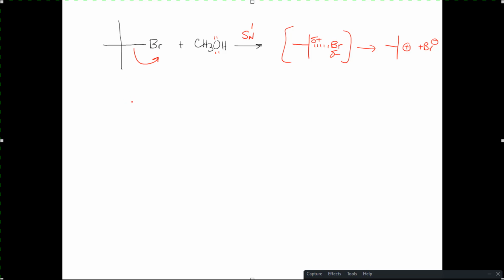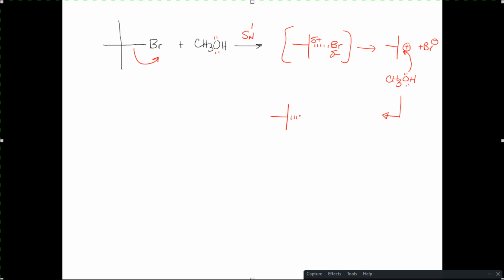And then in the second step, let me show you how we would write it so we don't have to start all over again with the mechanism. I'm going to take this pair of electrons and donate it to that carbon, so I can continue my mechanism on. Now in this case, what's going to happen?